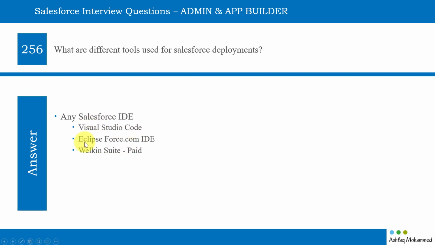Normally, they don't use these for production deployments, but just for sandbox to sandbox, if it is one or two classes or triggers. And Illuminated Cloud, which is from IntelliJ IDEA, is also a paid one. So these are the different tools we can use for deployments.